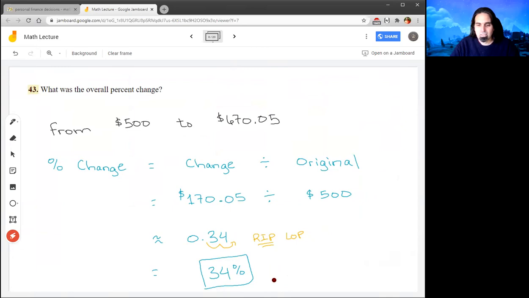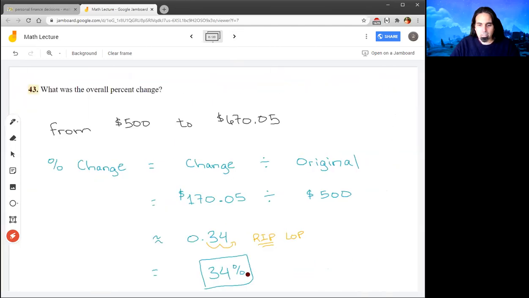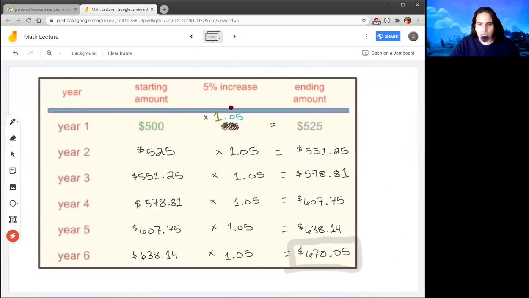I was just thinking the same thing. You just told me the answer a moment ago. The 5% isn't always 5% of 500. This one is 5% of 525. This one is 5% of 551.25, and so on. So the extra 4% comes from the fact that we're taking 5% of bigger numbers, and this isn't staying the same 500 the whole time. Okay, that makes sense.